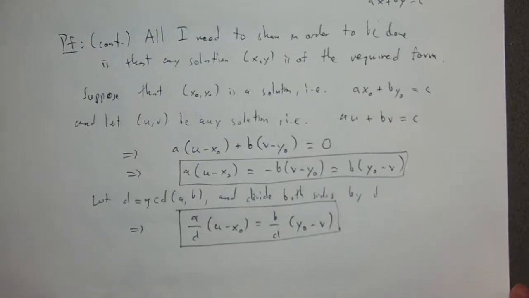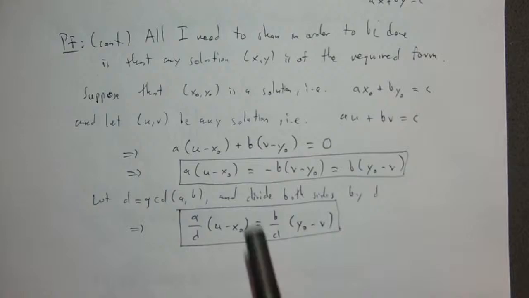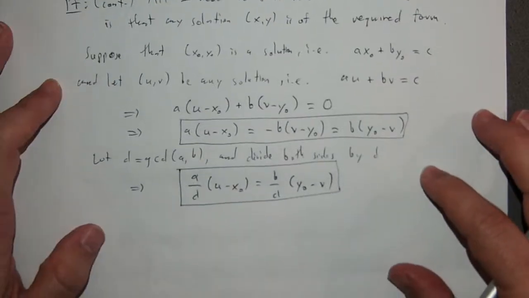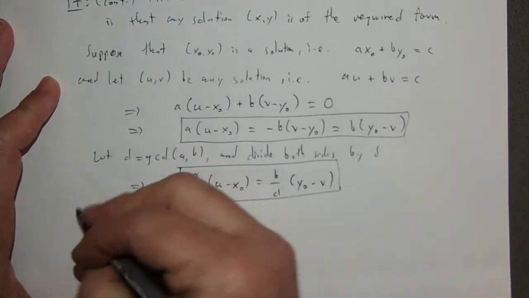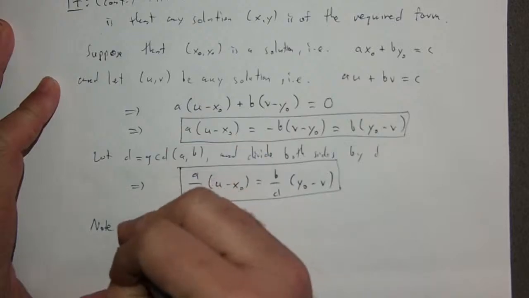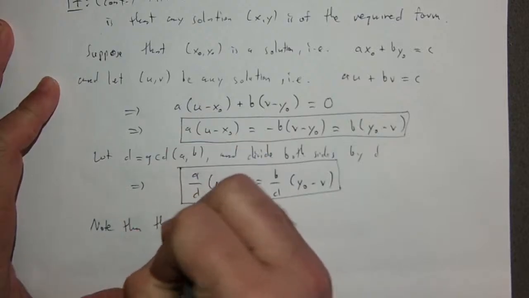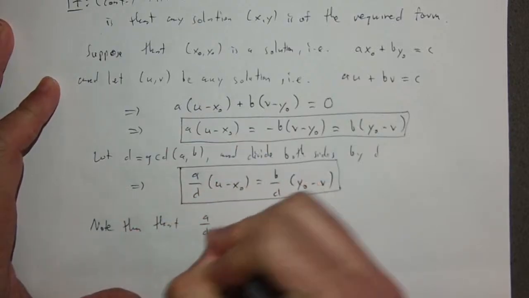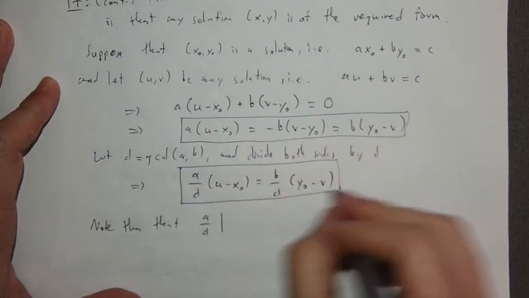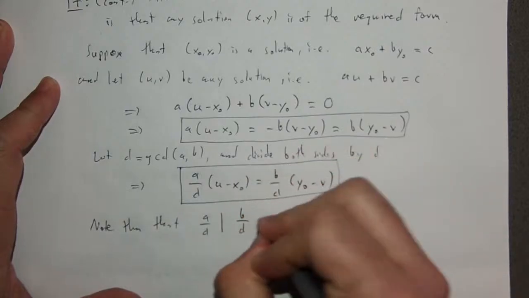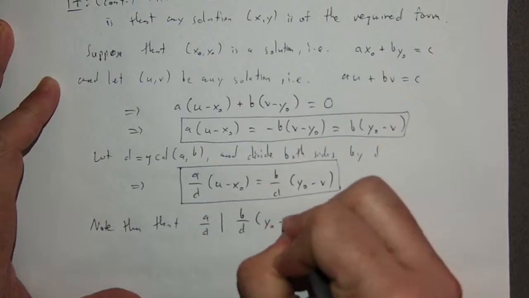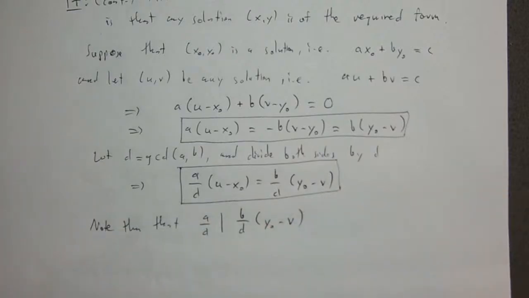For our purposes, just assume that a over d is non-zero, because otherwise you get a more trivial equation, and we'd be done. Okay. So note then that a over d divides this right-hand side, b over d times (y naught minus v). Okay.